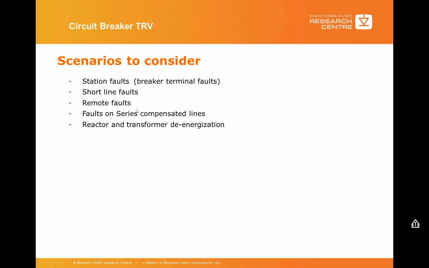And the remote fault is a bit farther away, can be a midline fault, mid span of the transmission line or cable. The other one is the fault on series compensated lines. Maybe another two scenarios are just opening a reactor or a transformer.